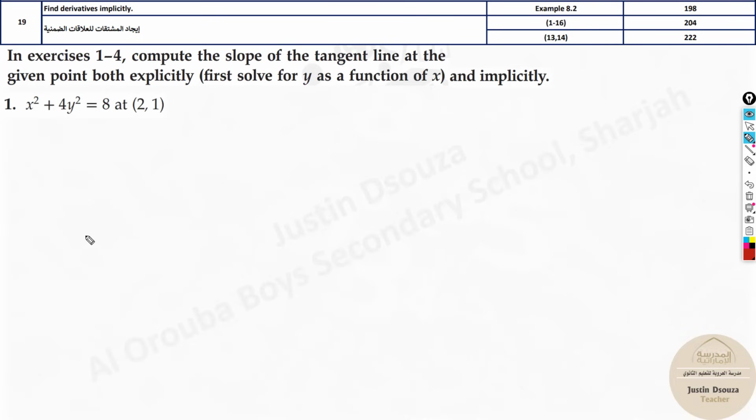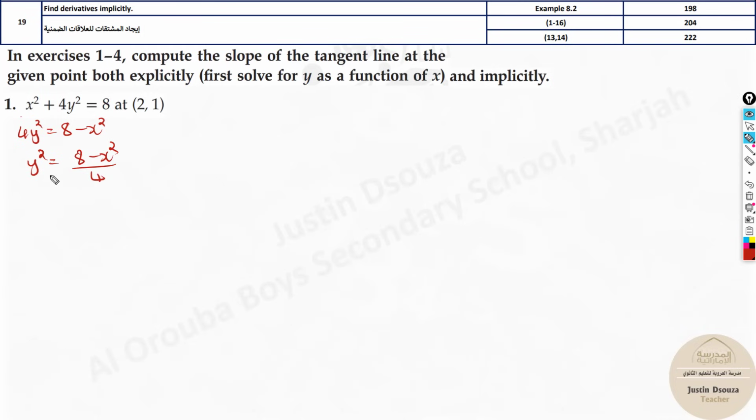What is explicit, by the way? Explicit is when you have to get y on one side and all the other terms on the other side. For example, this is the equation, right? Let's rearrange this. Y alone, let's keep 4y squared equals 8 minus x squared. Take 4 to the other side. It will be y squared equals 8 minus x squared by 4.